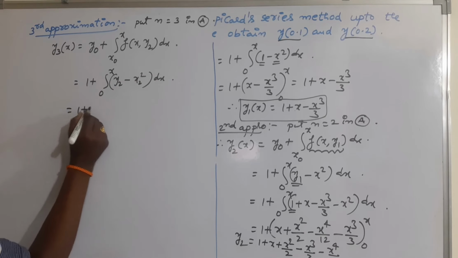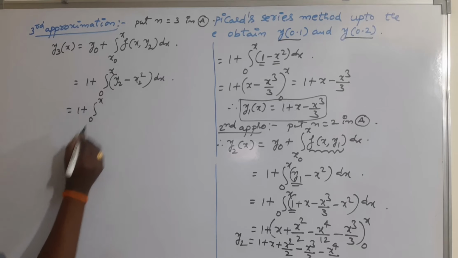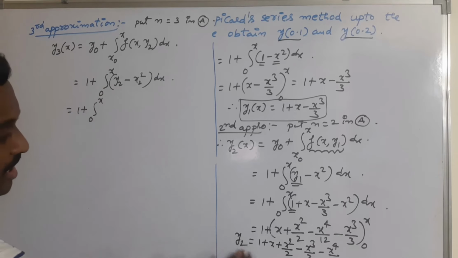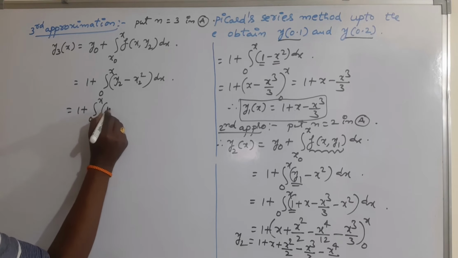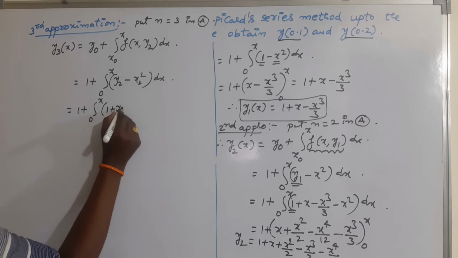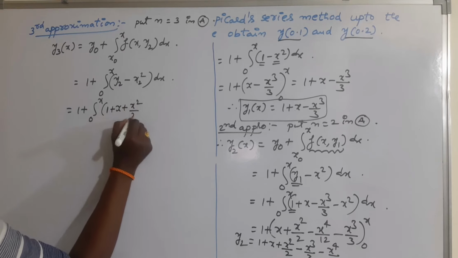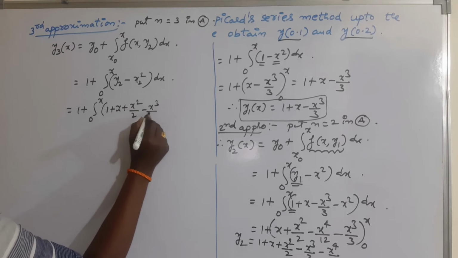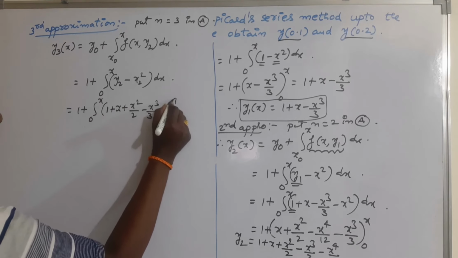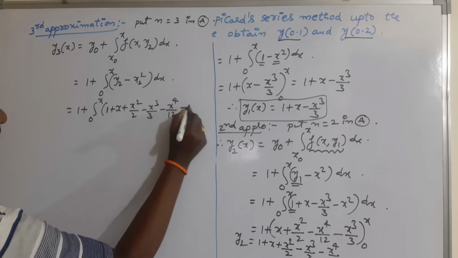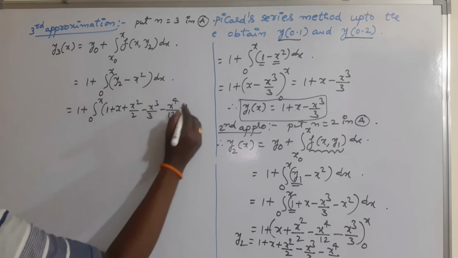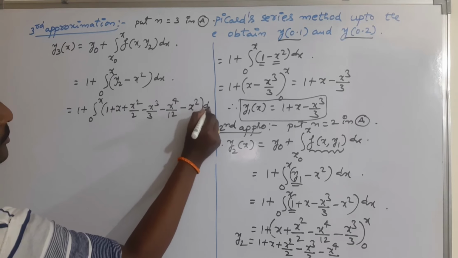That is equal to 1 plus integral 0 to x. What is y2? What we just got in the previous approximation, which is 1 plus x square by 2 minus x cube by 3 minus x power 4 by 12, minus x square whole, into dx.